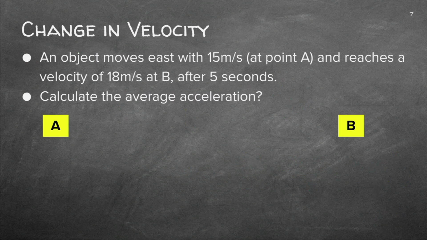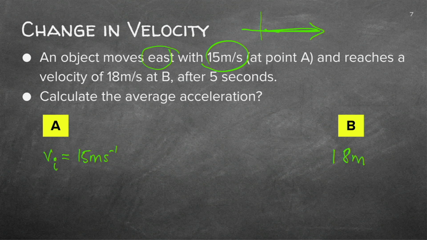Let's do an example. An object moves east. So that's the first point there. I've got my compass and I'm moving east. I'm going east from point A at a velocity of 15. And you can immediately say that's the initial. It reaches point B with a velocity of 18 meter per second.